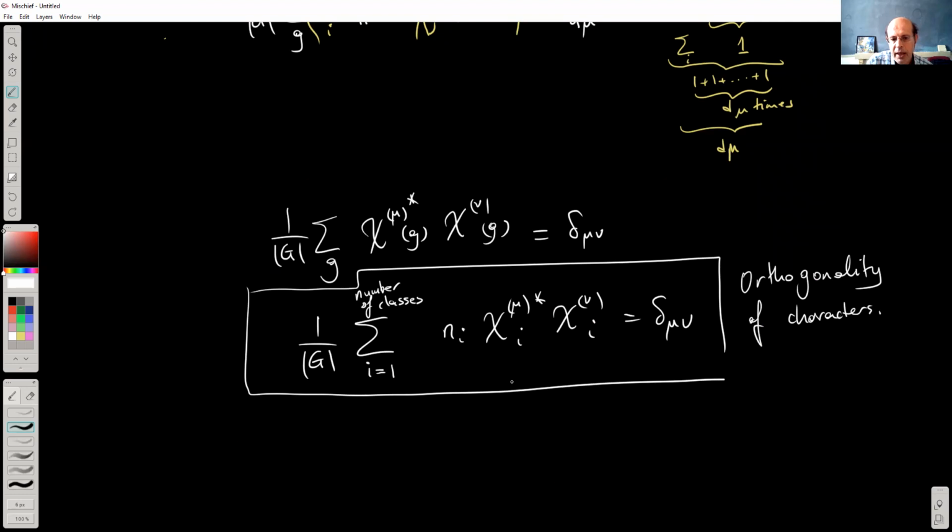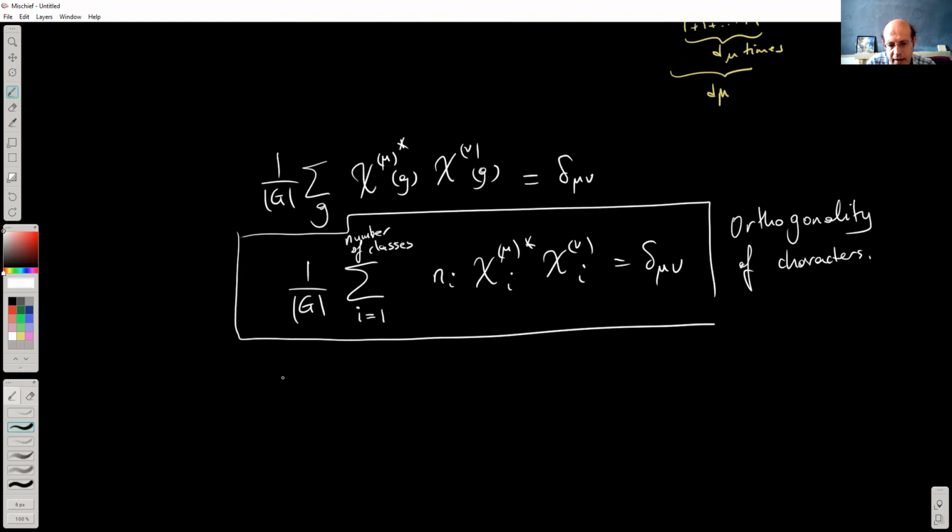All right. Now, just note, I can use the same kind of argument in here. So I can define vectors now. Let me call these vectors u mu. Define like that. Sorry about that. So I basically define these as column matrices where the entries are the square root of ni divided by the group order multiplied with the character.